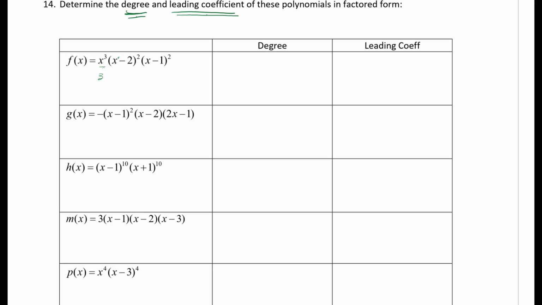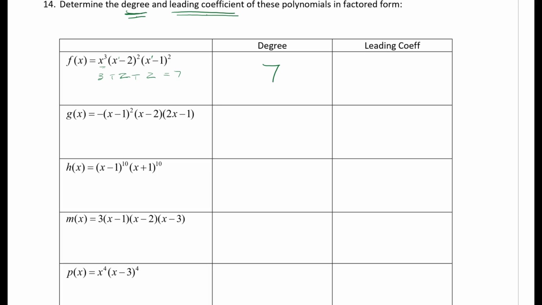Here this is a degree of 1, but it's being squared, so we'd get 2 degrees from that term. This one is also a degree of 1, but we're squaring it. We'd get 2 degrees from that term. And then when multiplying things out, we would add those exponents to get a degree of 7 for this one. I'll come back to the leading coefficient.